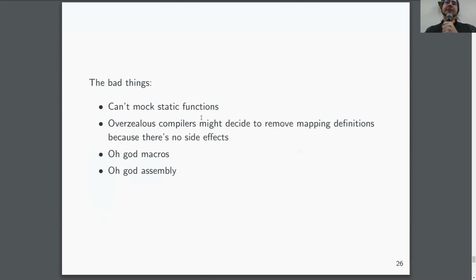And as for the last two things, of course, macros and assembly. Macros is a pretty big thing, but so far I consider it a necessary evil. So, I mean, it could have been worse. And as for assembly, I guess it's not that bad because the trampoline code is actually really simple.